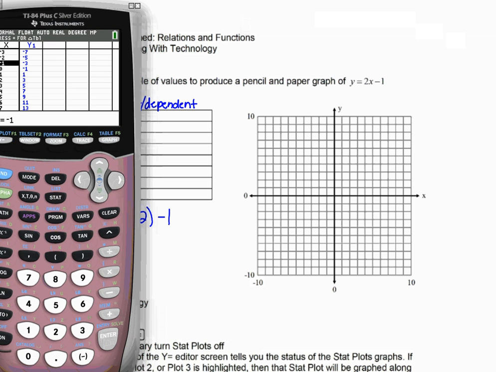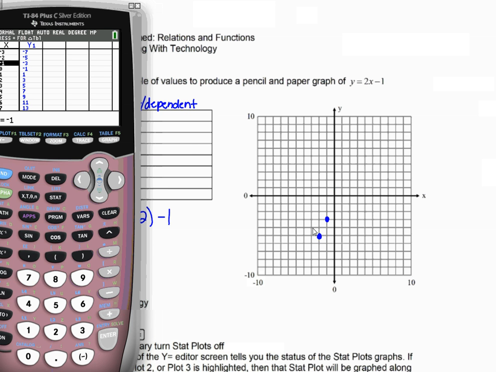So when x is -2, y was -5. So 2 left, down 5. Right? -1: 1 left, down 3. When x is 0, y is -1. What's that called? Yeah, y-intercept.